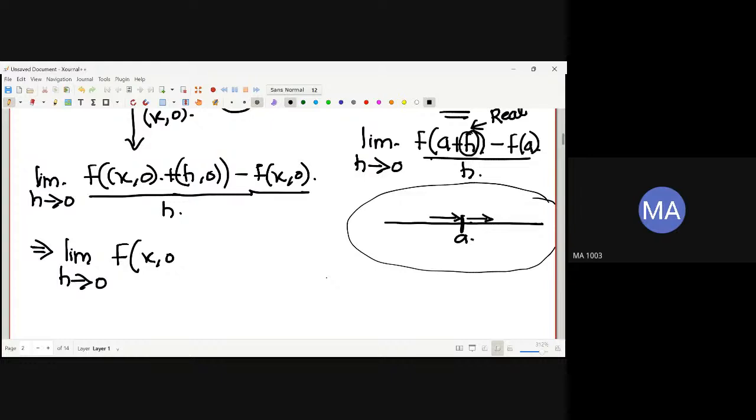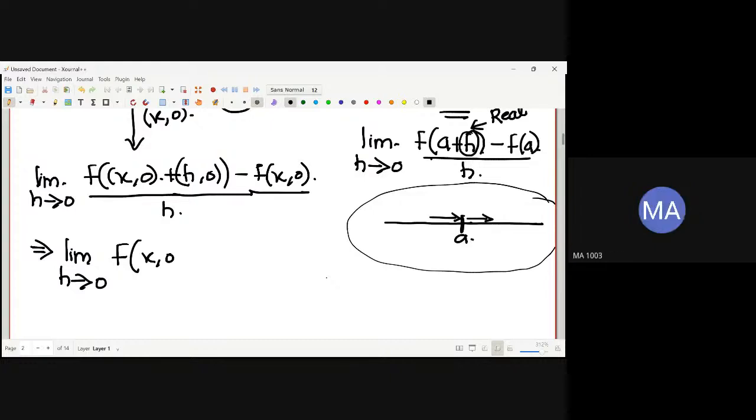Instead of using the word derivative, this is the partial derivative of the function f at which point? At x comma 0, with respect to x.